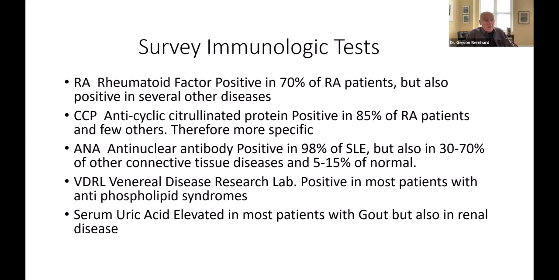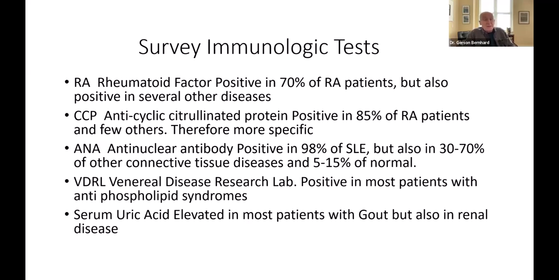One of the benefits also, and I'll show you some patterns of it, is that if you get an anti-nuclear antibody test done by immunofluorescence, they will report a titer and they will report an immunofluorescent pattern.